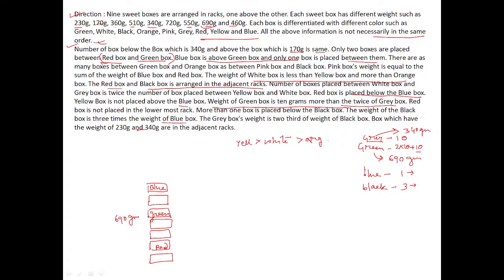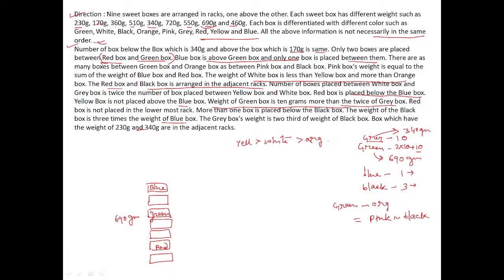There are as many boxes between green and orange as between pink and black. So green and orange is the same as pink and black.